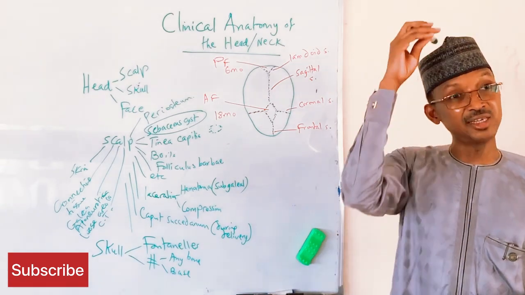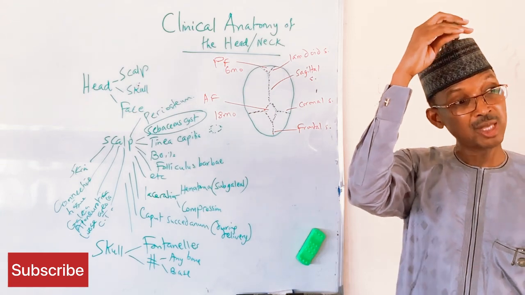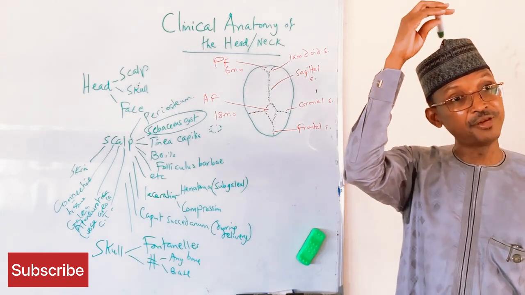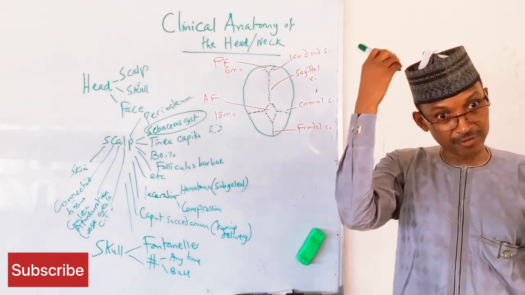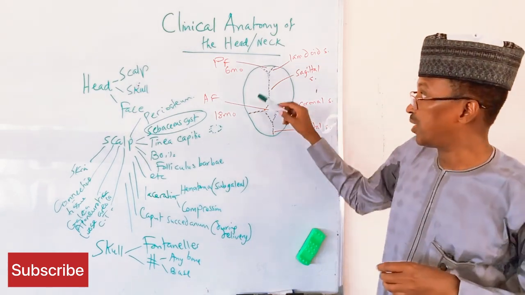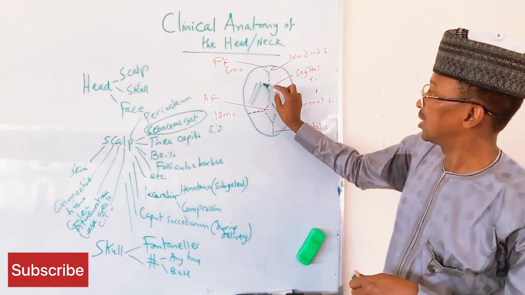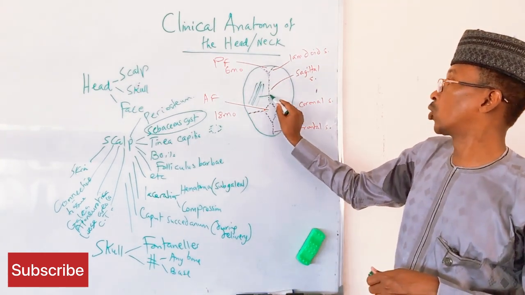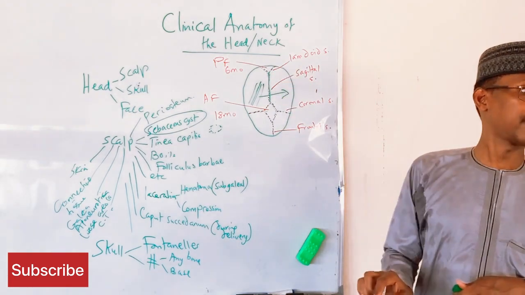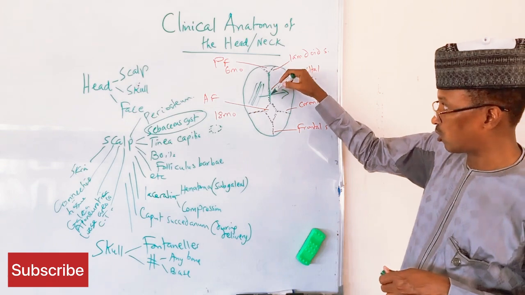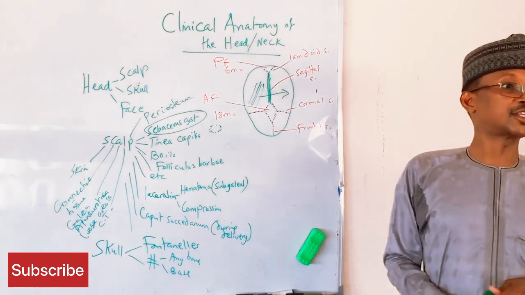And because you know that in adults, we have a sagittal suture here. The periosteum divides this right part of the skull from the left part of the skull. So if there is a bleeding on this side, let's say there is a bleeding in this area, the bleeding cannot go to this side because of this suture that is here. Because the periosteum gets sutured across this sagittal suture there.